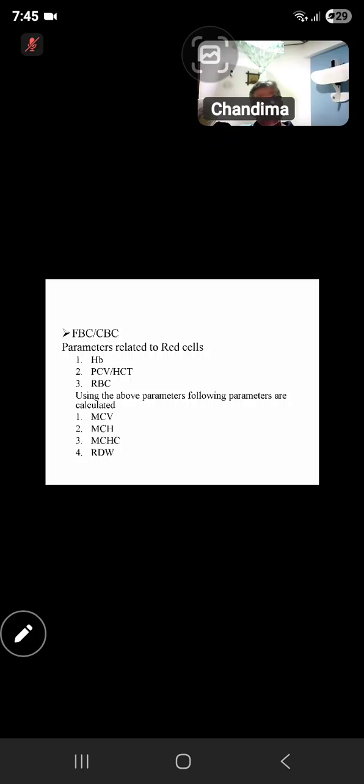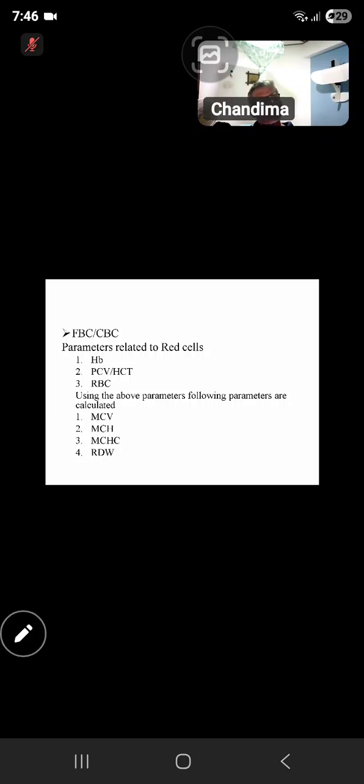There is a small difference between the packed cell volume and the hematocrit. What is that? Why is that? In the packed cell volume, among the cells, some plasma is going to get trapped when we estimate the PCV manually.